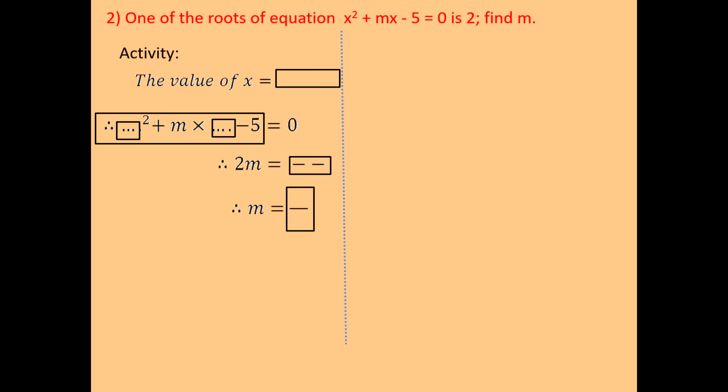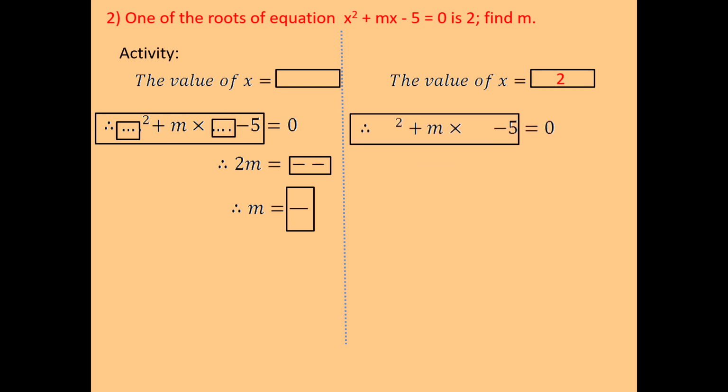Again, activity means a full answer is expected. See here, the value of x is 2, blocked. Second statement, the statement is written, now the value will come 2 and 2. Third step, which is not given but you want, you can write, you can add, there is no issue.